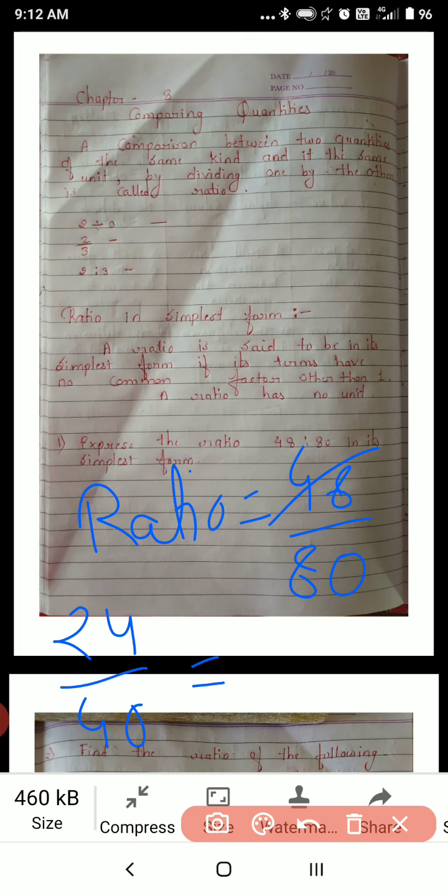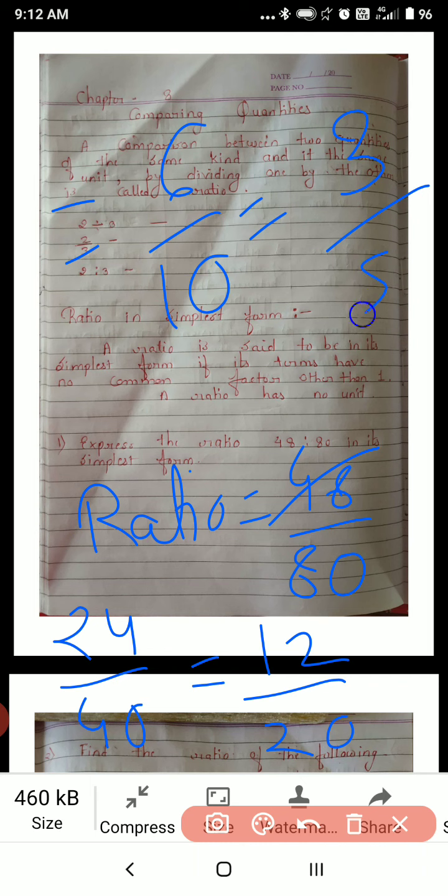Again divide by 2, you will get 12 upon 20. Again divide by 2, you will get 6 upon 10. Now again divide by 2, you will get 3 upon 5. Now the only common factor between 3 and 5 is 1.